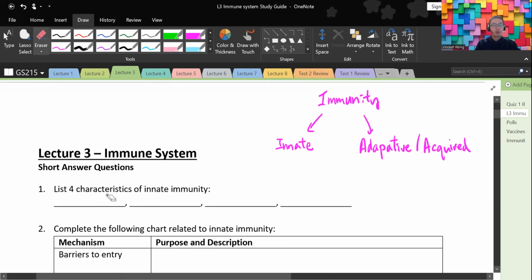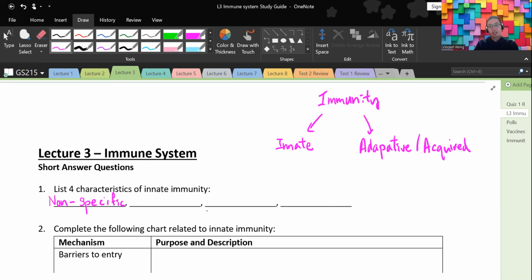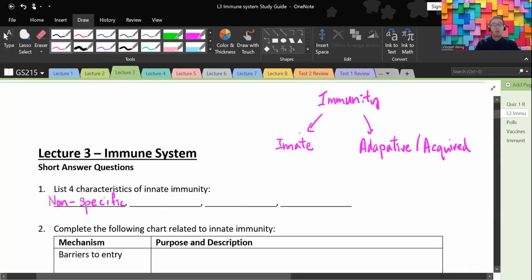The 4 characteristics of the innate immunity include: number 1, it is non-specific. It is not designed to fight off one particular pathogen, right? It's kind of like a catch-all net. It's a broad defense system that would work against a wide range of pathogens.